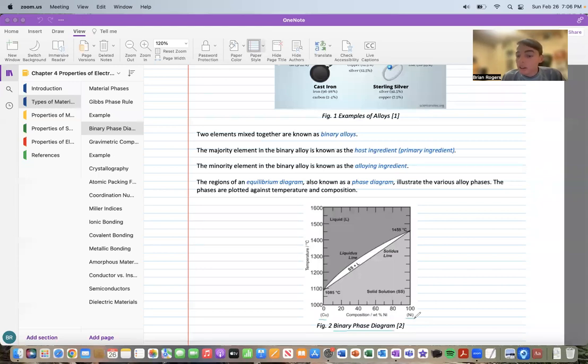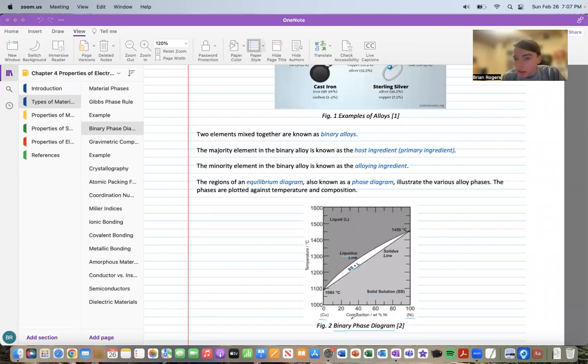So we're going to see for this mixture, it can be either a solid, or it can be in between a solid and a liquid stage, and it can then turn into just a liquid.